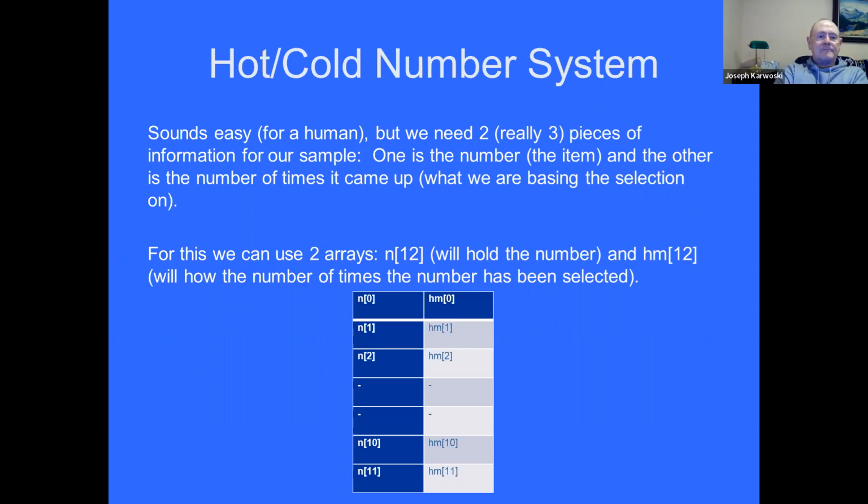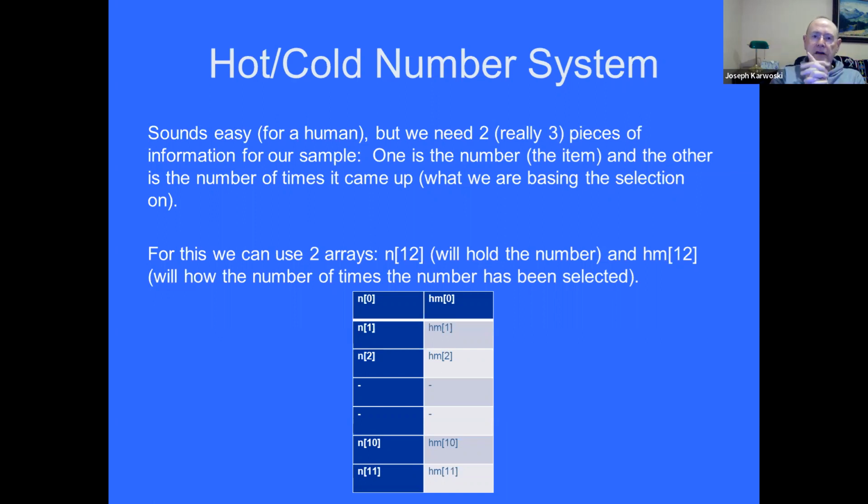So it sounds easy for a human, okay? But in reality, we need 3 pieces of information, but I'm going to start by saying we need 2 pieces of information from the sample. Now, this is a sample versus a population. So this is going to be the 11 numbers that we pick.